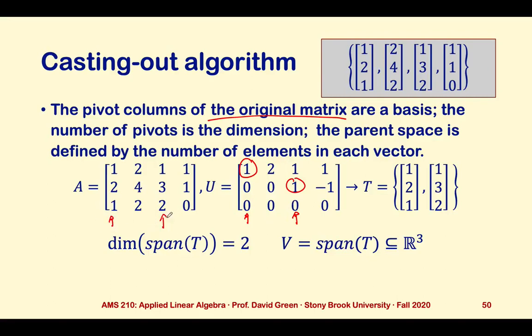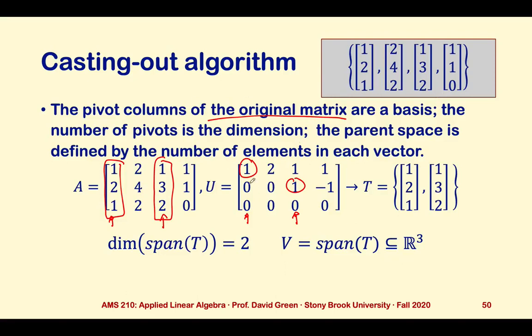And so we highlight those same columns from the original matrix, and those become our basis vectors. 1, 2, 1, column 1, and 1, 3, 2, column 3. Once again, we use the same form representing our basis as we were given.